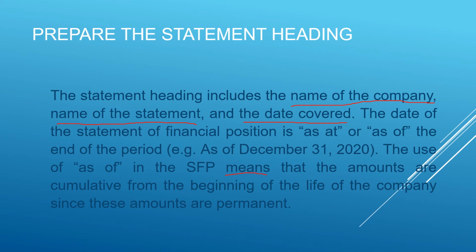December 2, it must be recorded on December 2. Any transaction that happens on that day must be recorded on that day so that you cannot forget the transaction on that day. Okay. The use of as of in the statement of financial position means that the amounts are cumulative from the beginning of the life of the company since these amounts are permanent.